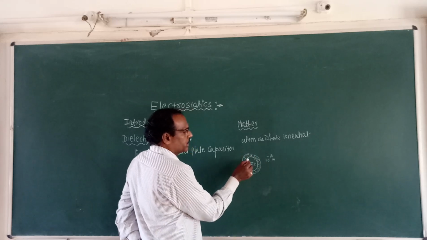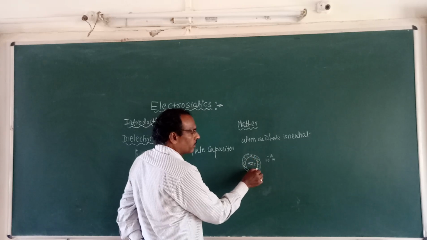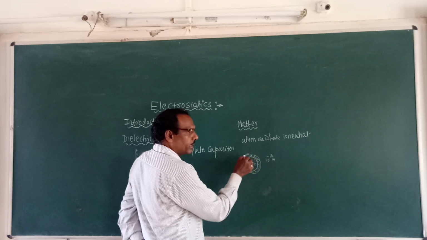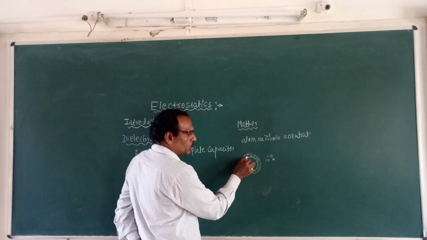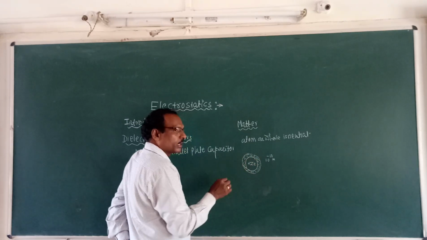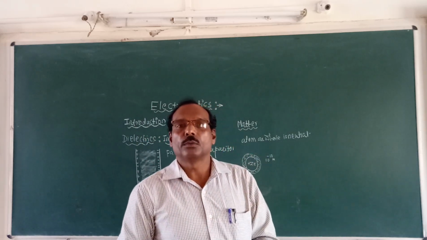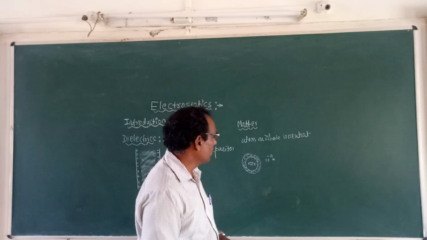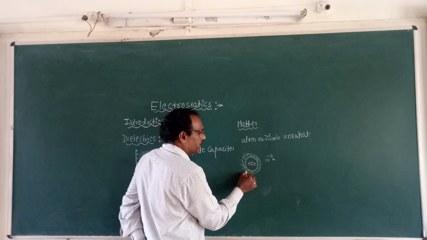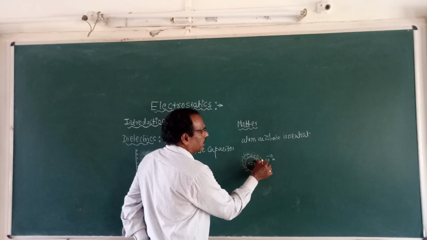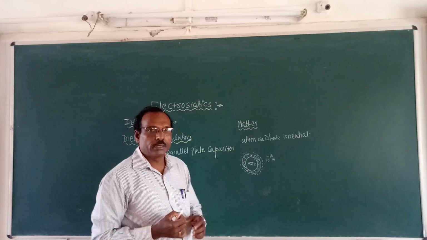The electrons close to the nucleus are tightly bound with the nucleus, and the electrons in the outer orbit are loosely bound with the parent atom.